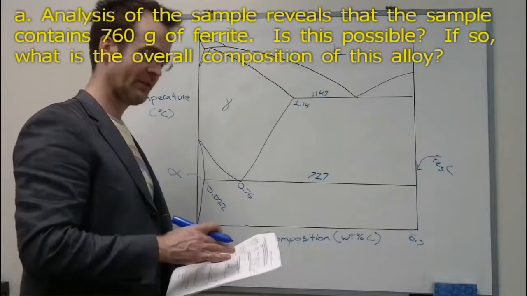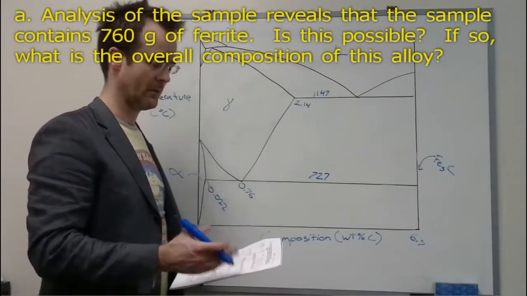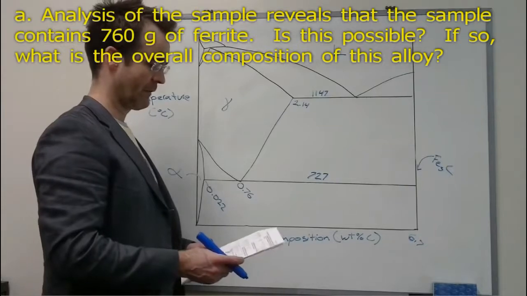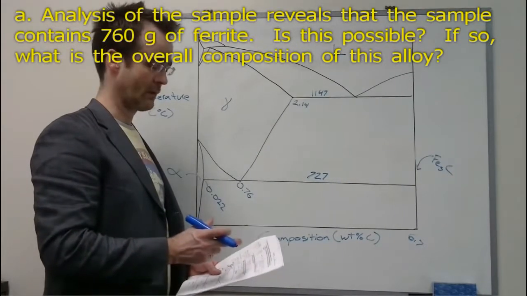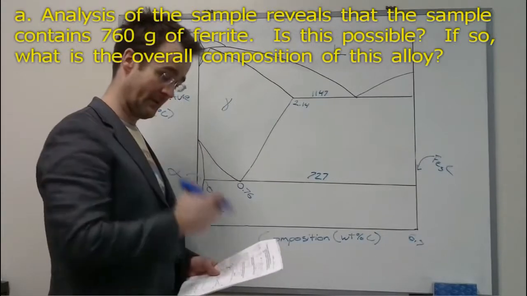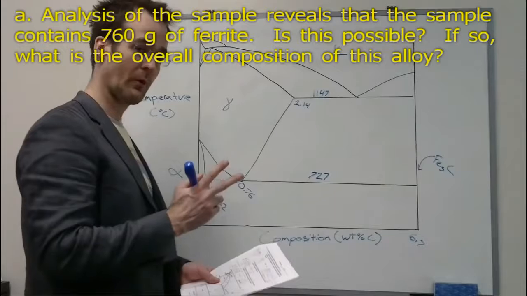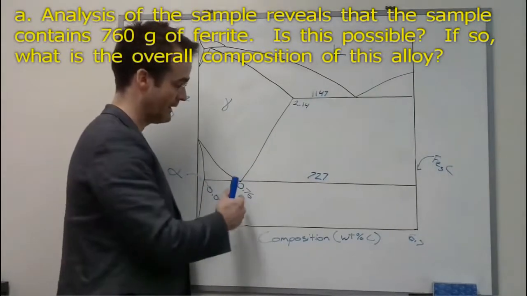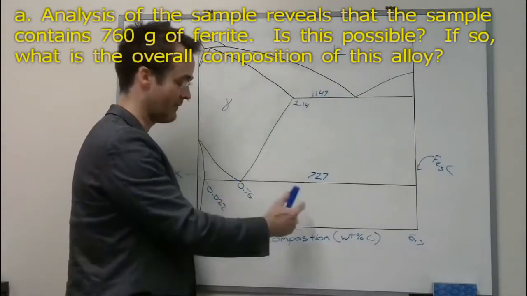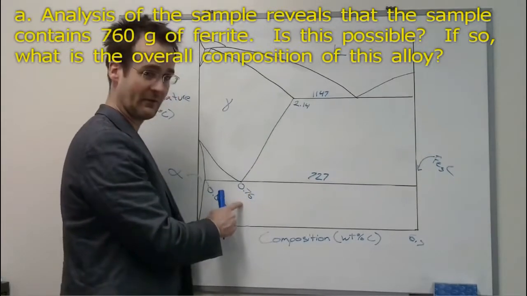Okay, so when we look at question A, it's asking us if a certain composition is possible. First thing to realize is there's a few hints in that question. At the very first part of the question, it tells you it's hyper-eutectoid steel. There's two important words there. Hyper-eutectoid tells us that the composition is above the eutectoid composition, so it's greater than 0.76.